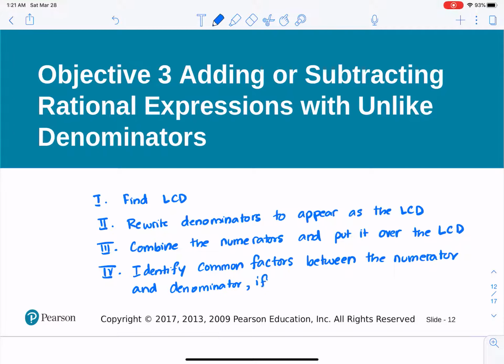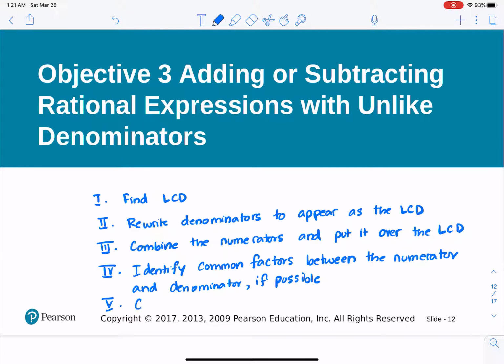If possible, sometimes it is not possible, cancel common factors and simplify.